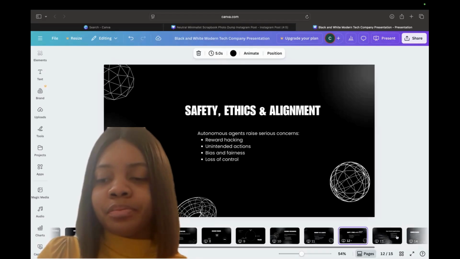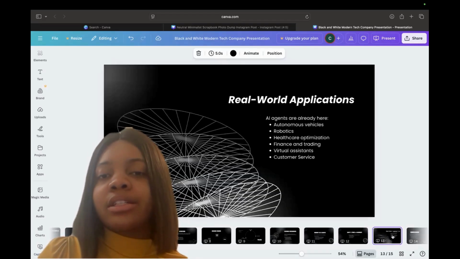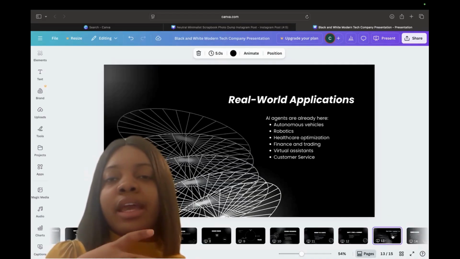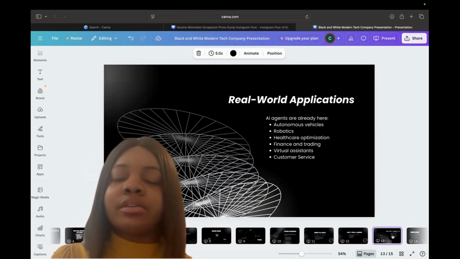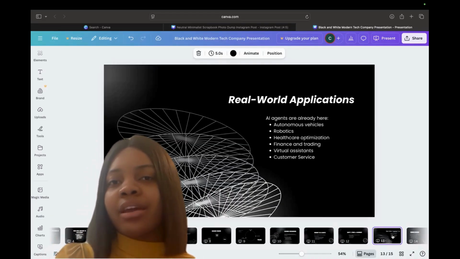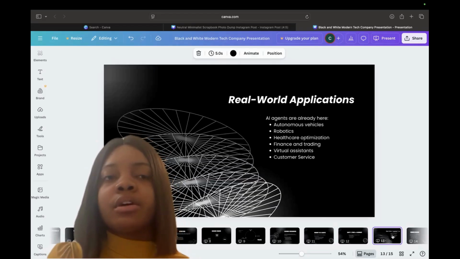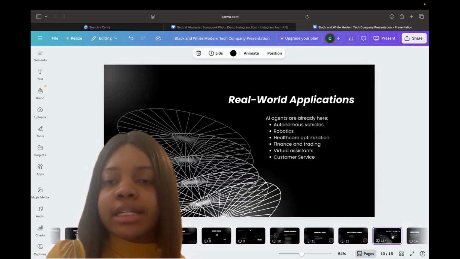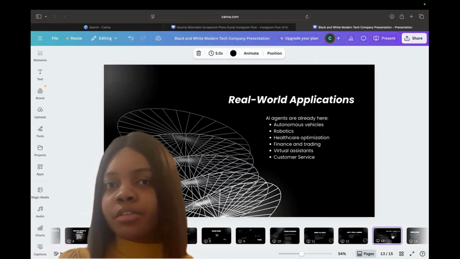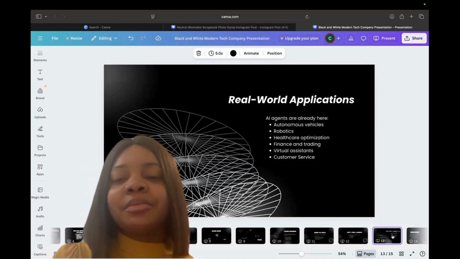And as these are being worked on, there are real world applications of agentic AIs, or AI agents rather. We have autonomous vehicles and robotics. AI agents are being used in healthcare for optimization of the quality of health care rendered. You're talking about AI agents in finance and trading, and in virtual assistants and customer service, as mentioned earlier.